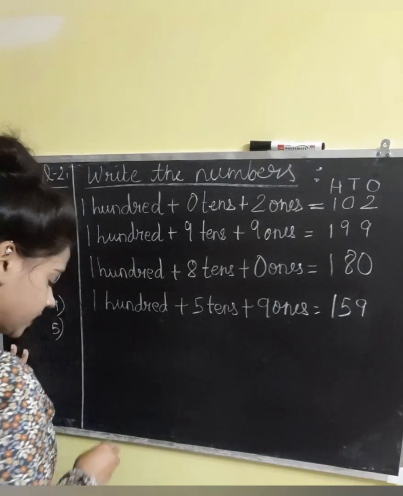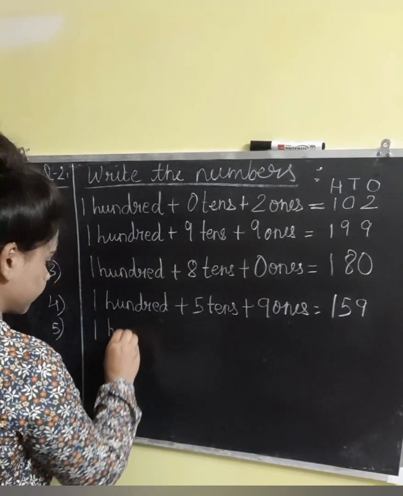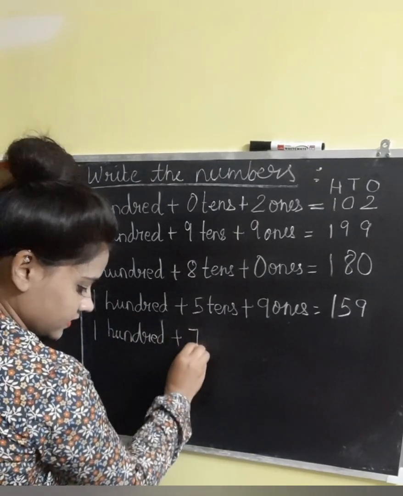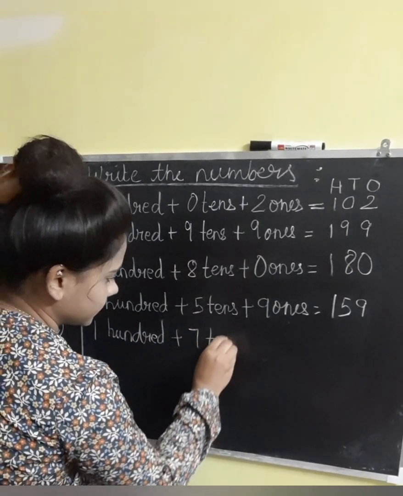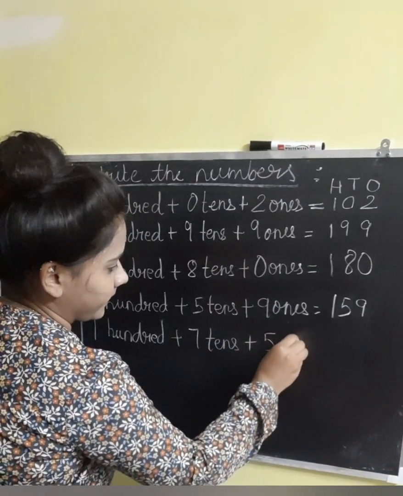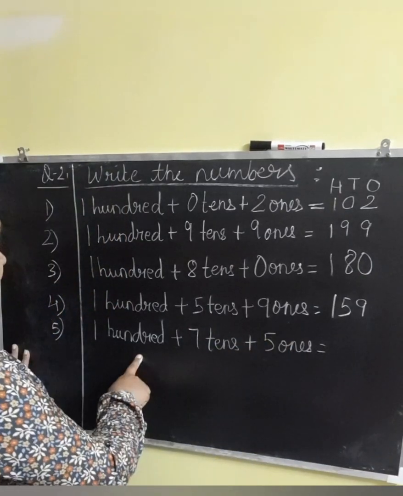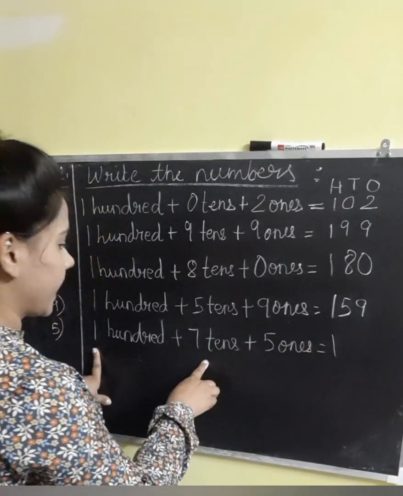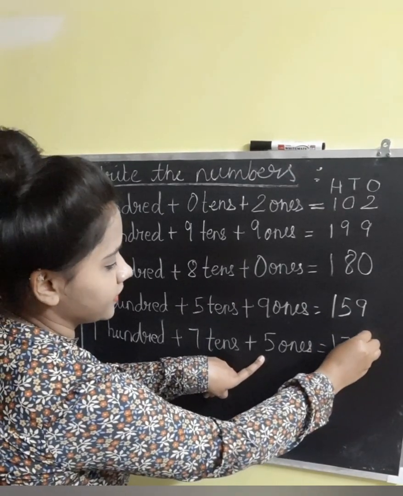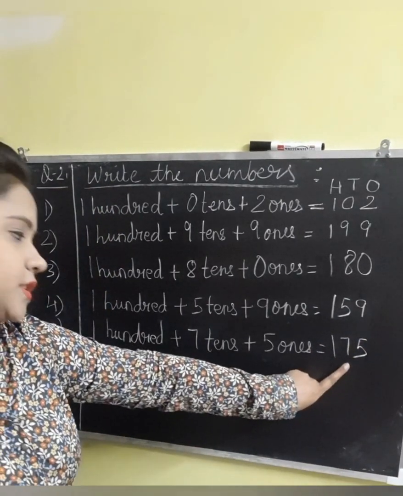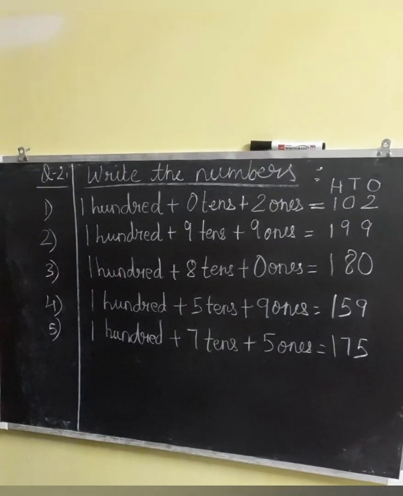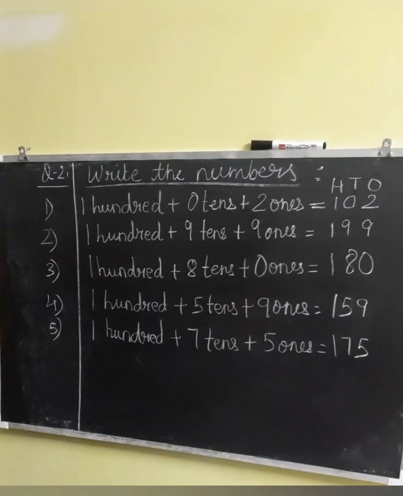Now the last part is 100 plus 7 tens plus 5 ones. So at 100 we have 1, at tens we have 7, at ones we have 5. So we get the digit 175. So hope you understand this question.